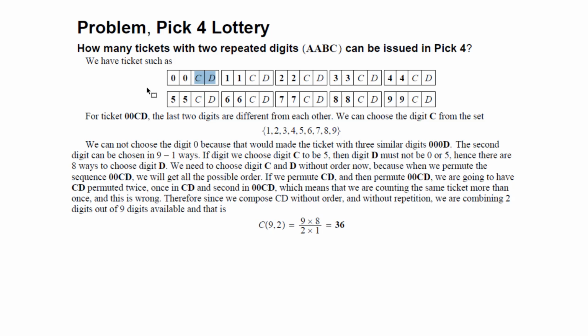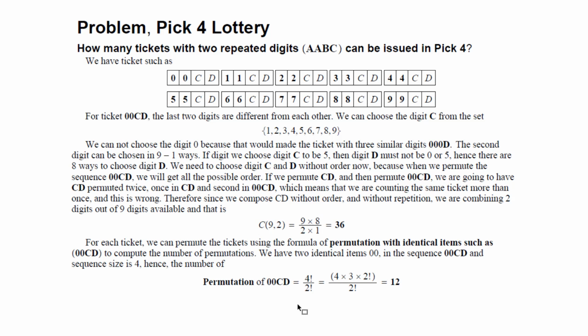So combination does not imply order in it, and for CD we have 36 combinations. So now after we combine CD 36 times, we can permute all this sequence how many times? 12 times, and the total number of outcomes for this sequence only is going to be 36 times 12.